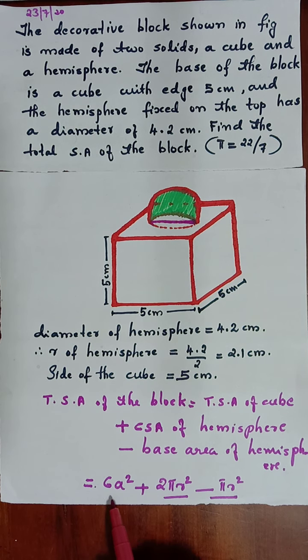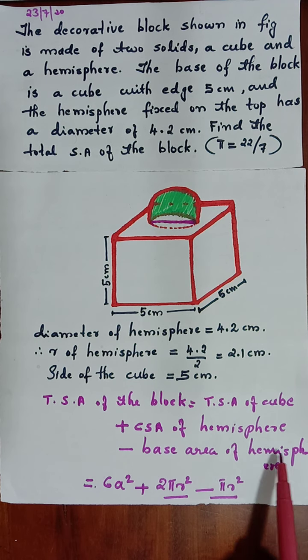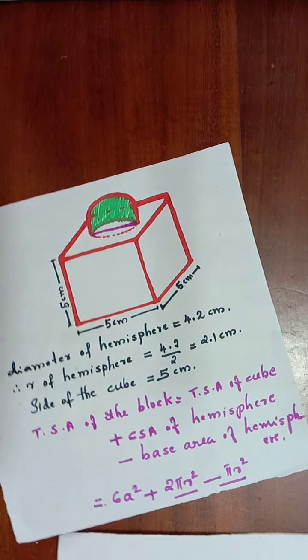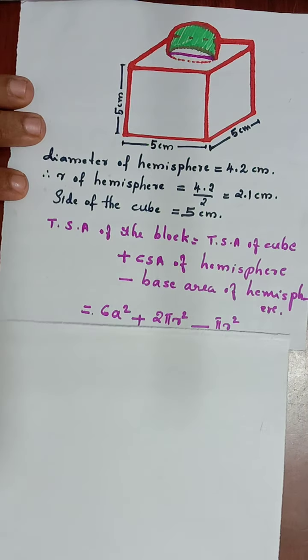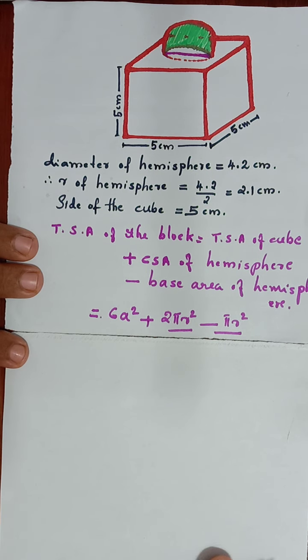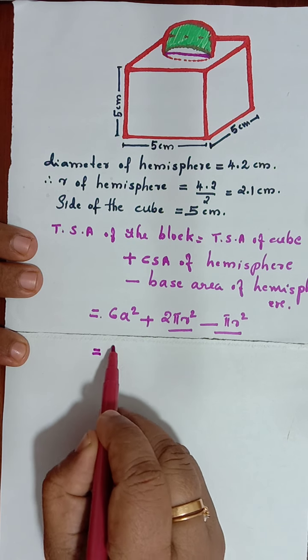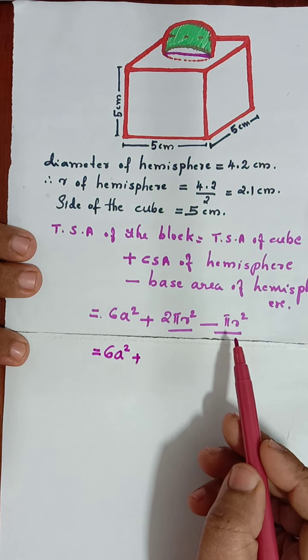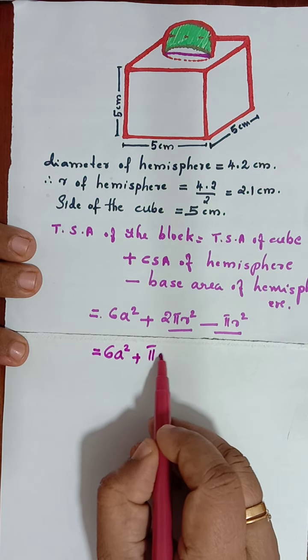Therefore, let us write the formula: 6a square plus 2 pi r square, that is the CSA of the hemisphere, minus the base area of the hemisphere, which is pi r square. Now let us simplify that. This is equal to 6a square plus 2 pi r square minus 1 pi r square, which is 6a square plus pi r square.